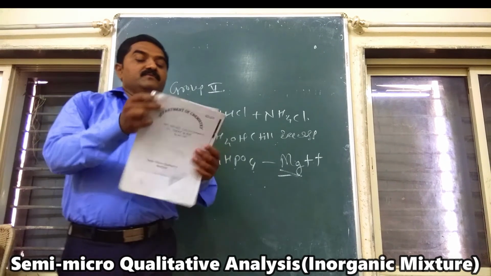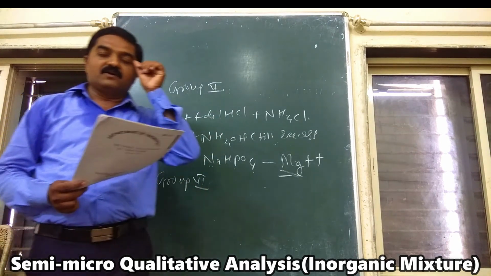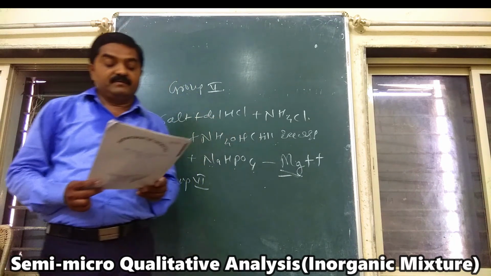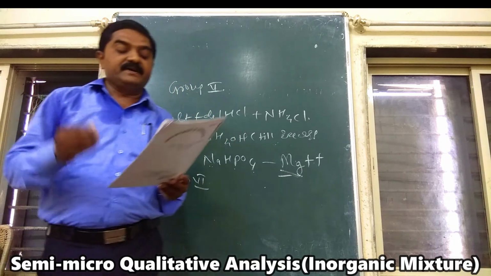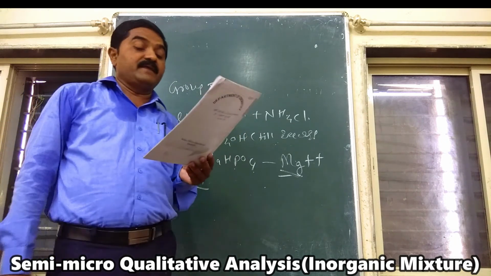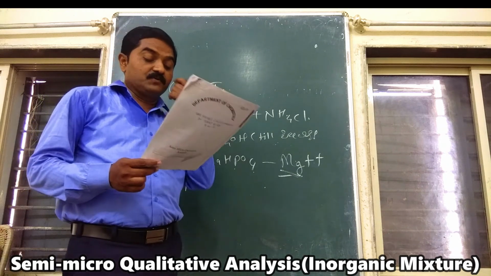If the fourth group is present, you should perform all the tests which are present in the charts. In the group fifth also, you dissolve the PPT in dilute HCl and perform the following test if magnesium is there. Then the last is the analysis of group 6.